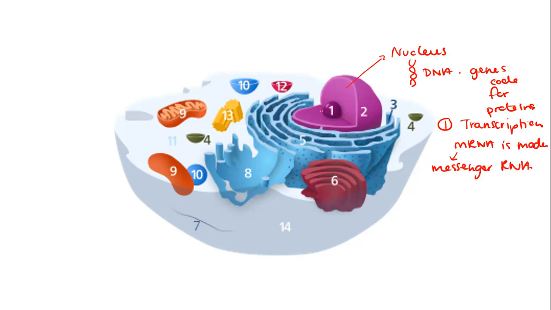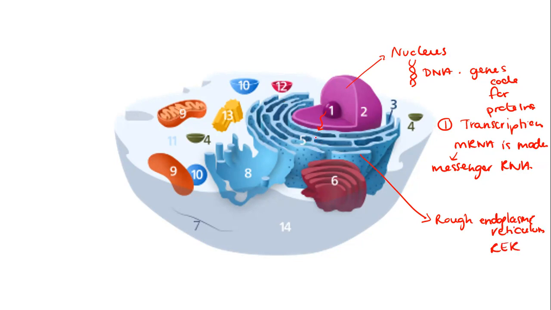Once that copy's been made, that copy is sent through the nuclear pore of the nucleus into this organelle called the rough endoplasmic reticulum, or RER for short.